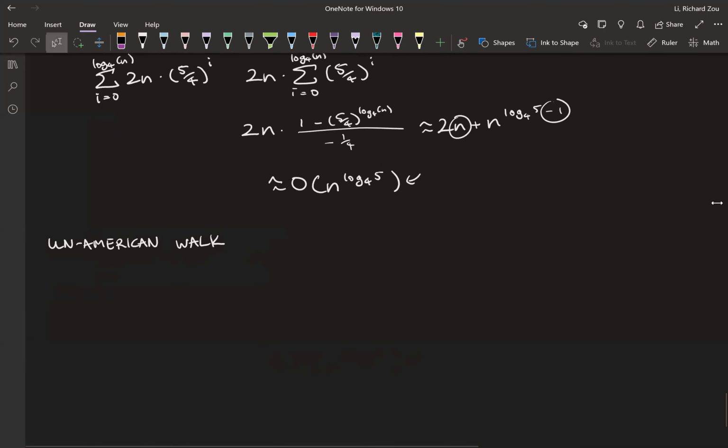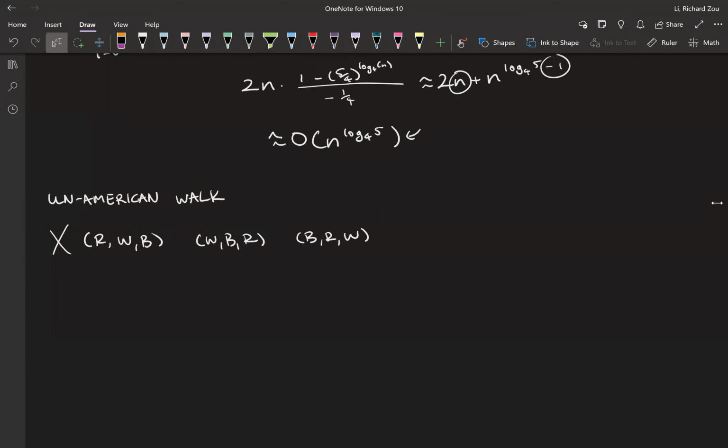So an un-American walk is just any walk in which there is no sequence of red, white, blue, or white, blue, red, or blue, red, white. Okay, so there's none of these.